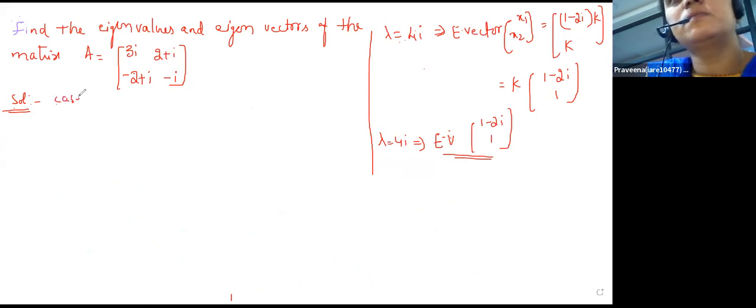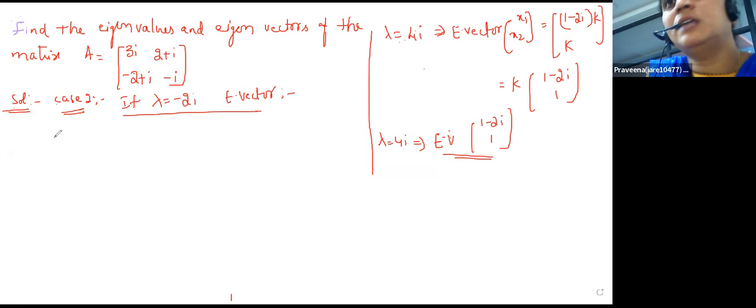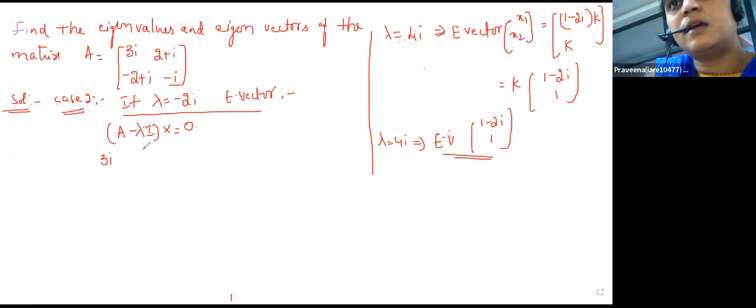Case 2. If lambda is equal to -2i, then find the eigenvector for that corresponding eigenvalue. For that, what is the formula? A minus lambda I into x is equal to 0. Then this is 3i.